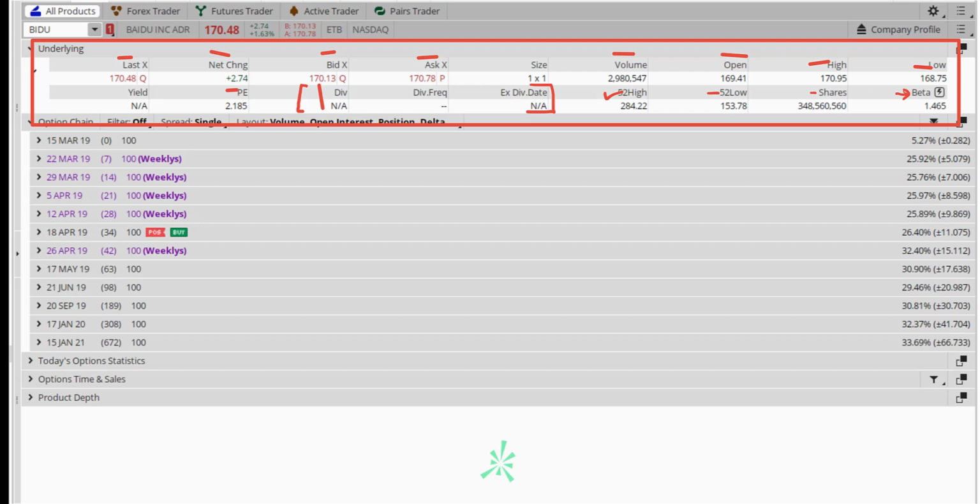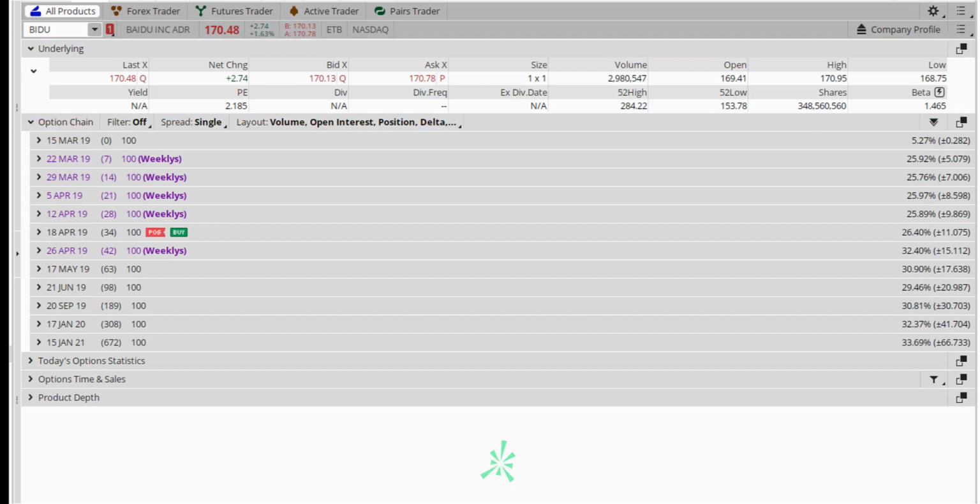I can understand this is too much information for a retail trader. So what should we focus on? Things that we need to focus on here are the last price and how much volume is being traded. These two are important from an option trading perspective. You could ignore everything else.